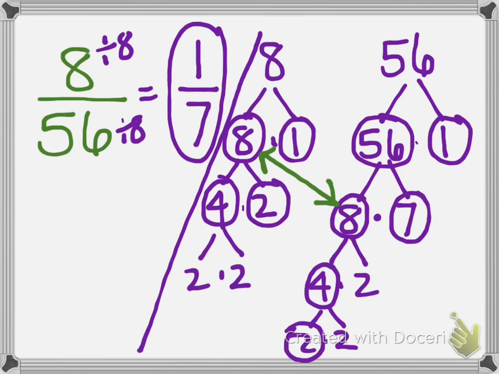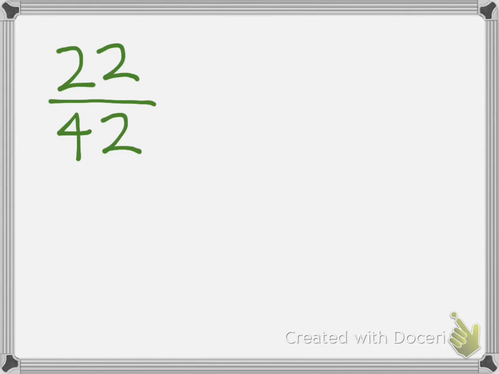Let's take a look at another one here. 22 and 42. Well, right out of the gates, I know that both of them are even. I noticed that about these two numbers. They're both even numbers. And as we know, even numbers share the factor of 2. I could certainly divide these by 2, but I wonder if 2 is the greatest common factor.